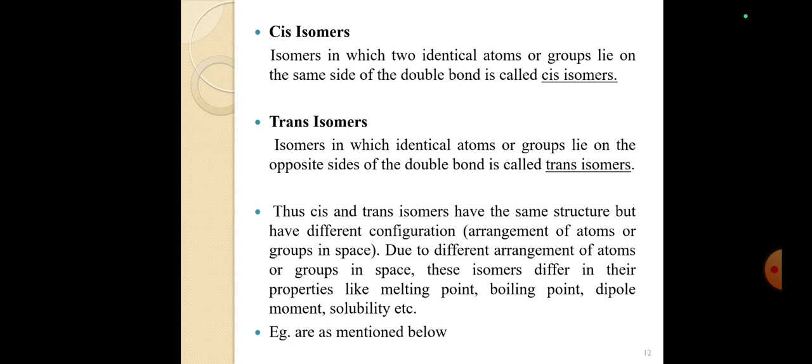When they are bonded on the doubly bonded carbon atoms on opposite sides, one on the upper side and one on the other side, on adjacent carbon atoms, not on the same carbon atom, then we call it a trans isomer. Whenever the positions change, either cis or trans, their melting point, boiling point, dipole moment, solubility, all these parameters are going to change.